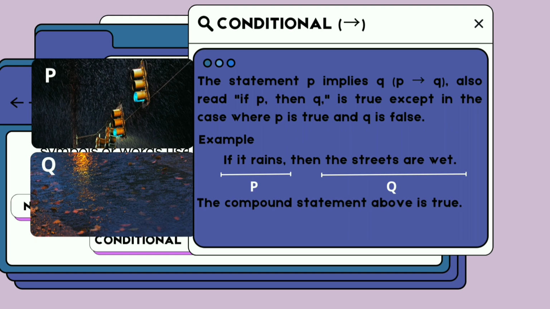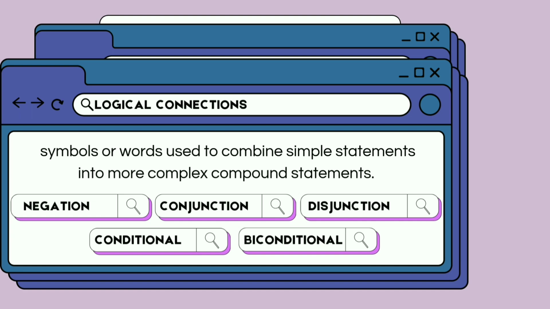Example, if it rains, then the streets are wet. P represents it rains, and Q represents the streets are wet. From the pictures, we know that P and Q are true, so the compound statement above is true.